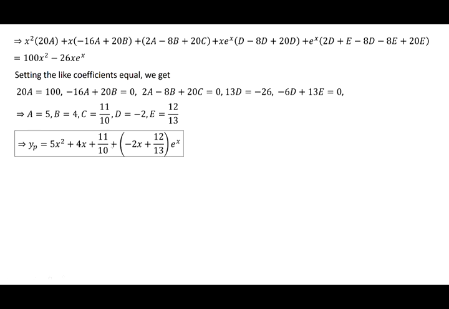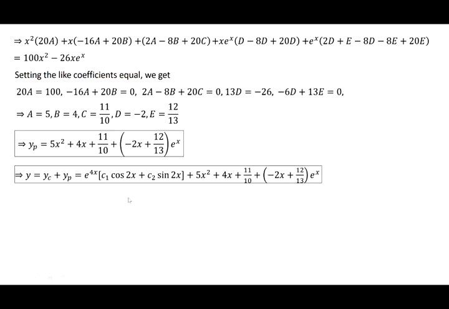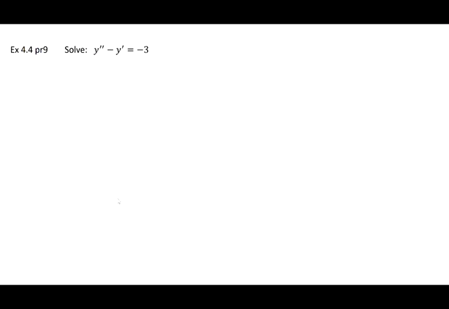We didn't have to call this as minus. It automatically ended up that the coefficient of x e to the x turned out to be a negative quantity as a result. All right, cool. Of course, the last part is to say that y equals y sub c plus y sub p. You get the hang of this one? Cool. Next.